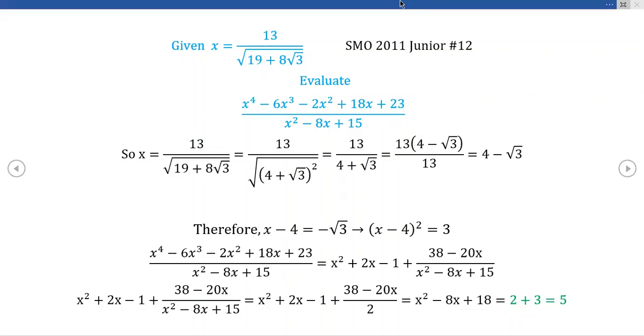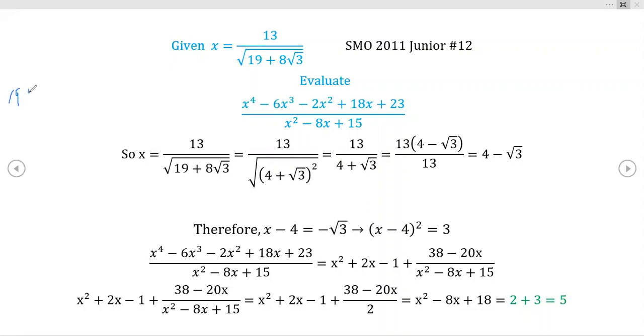Now, something that's very handy here, and the problem's kind of designed to work, is if you take a look right here, you'll notice, and I didn't notice this at first, that 19 plus 8 root 3 is just equal to (4 plus root 3) quantity squared.